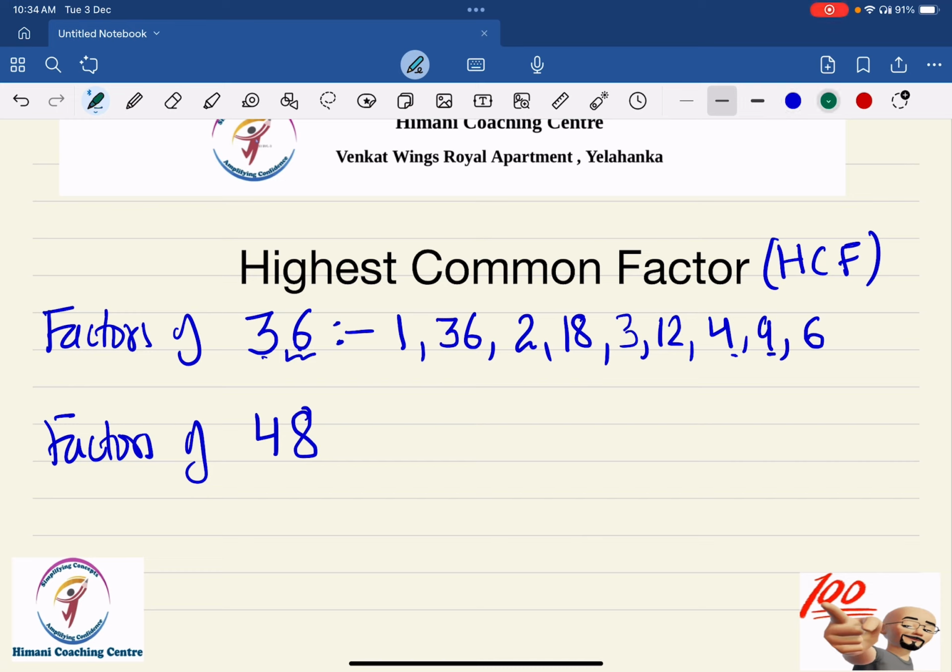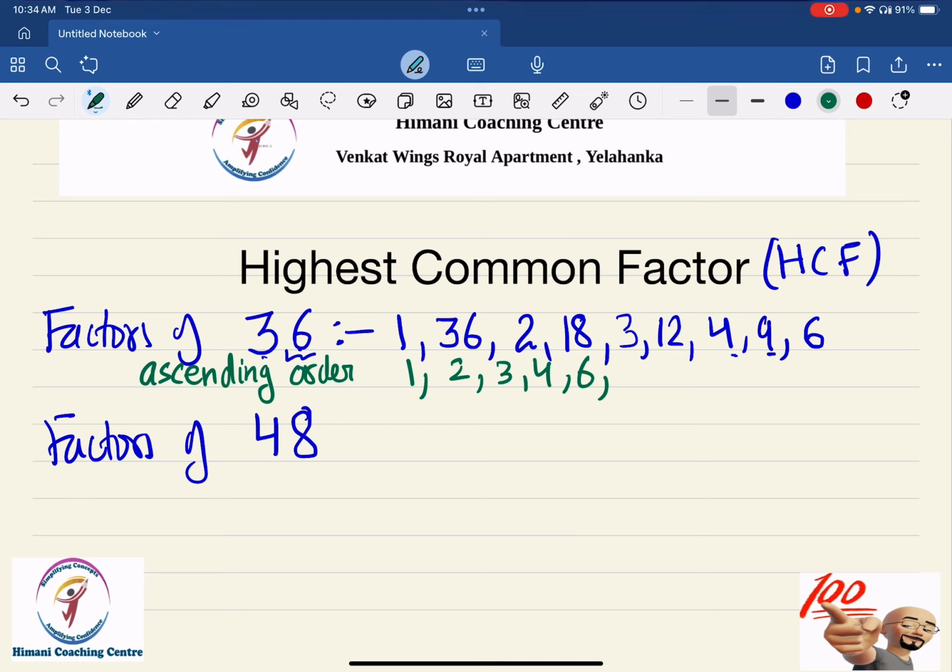So let us write the factors in ascending order. Ascending means what? Lowest number to highest number. So that's called ascending order. The first smallest number is 1, then 2, then 3, then 4, then 6. Keep checking your working, and if you have not done it correctly, do this with me now.